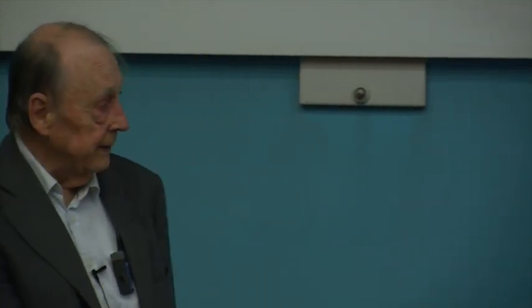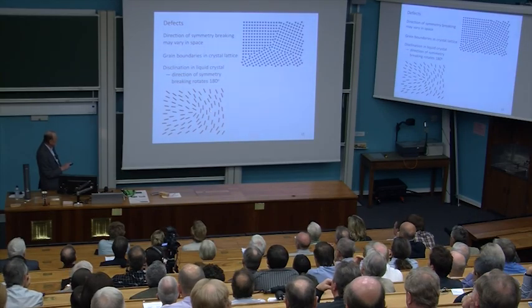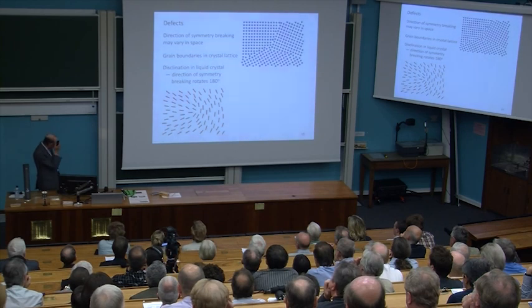If it was 360 degrees, then you could escape because they could all turn up in the middle. But if it's 180 degrees, they don't know whether to turn up or turn down. You can't escape from this. This is a topological defect.